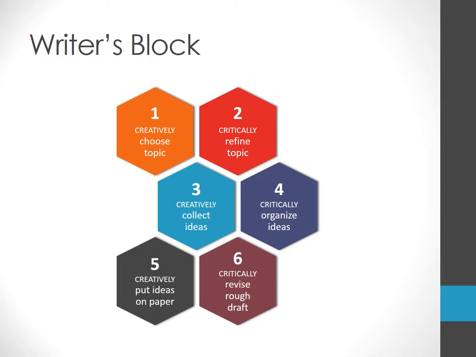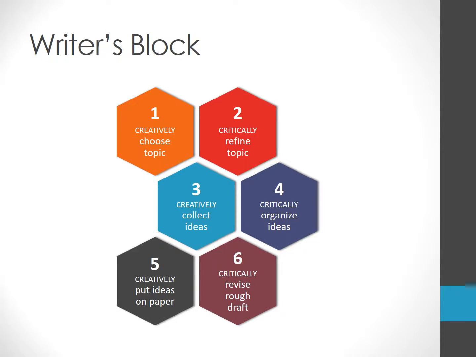Sometimes students will sit down to write their academic paper and they realize they have what we call writer's block. Often the reason for writer's block is that we're trying to use both sides of our brain simultaneously. So in your primer, I've provided a step-by-step example of what you can do. Step 1 is to use the creative side of your brain by choosing your topic.